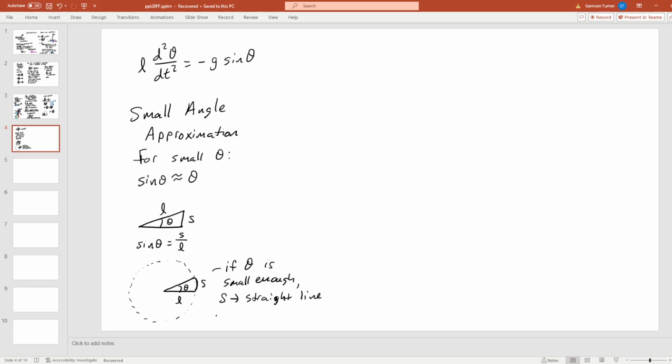But this equation, S equals L theta, is still true. And therefore, if I look at this equation, S equals L sine theta, then I can set these two equal to each other.